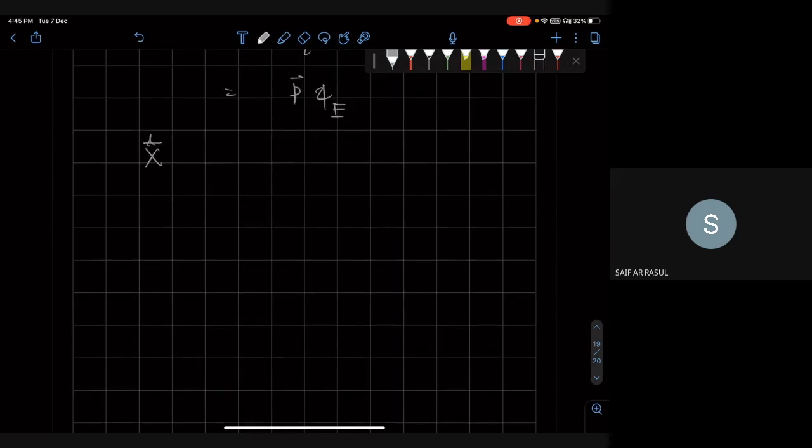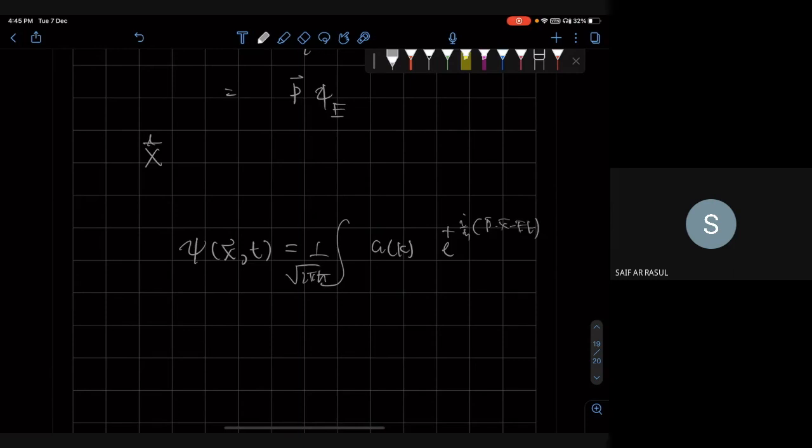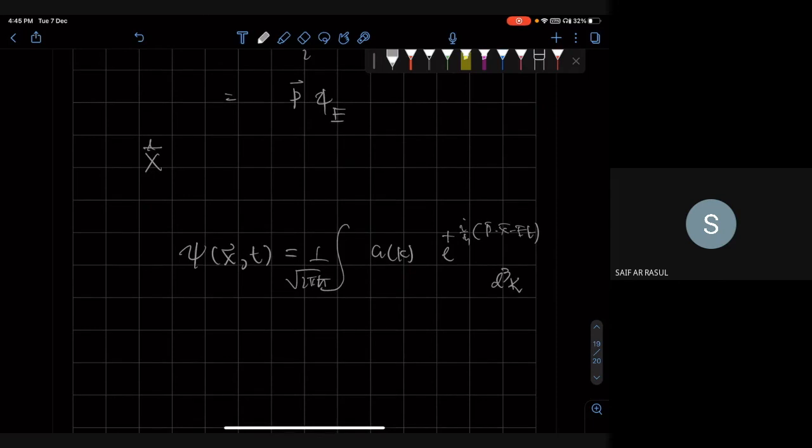So when we say I'm doing the Fourier analysis of a free particle, of a wave packet, what we are doing is writing A(k) over the square root of 2π h bar, times e to the power i by h bar, p x minus Et, d cubed k.